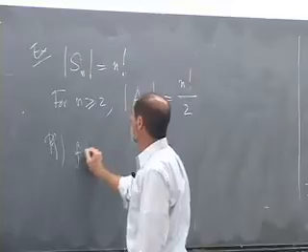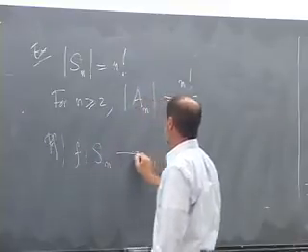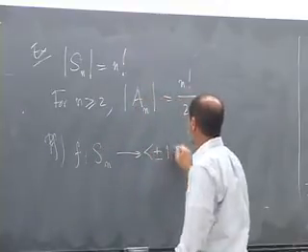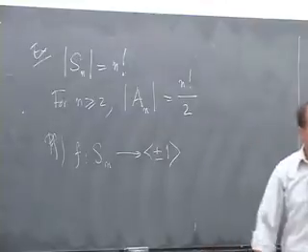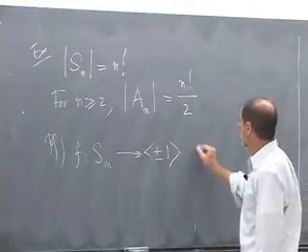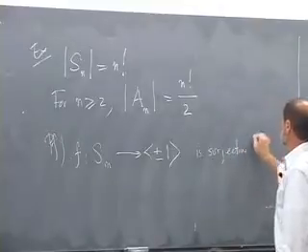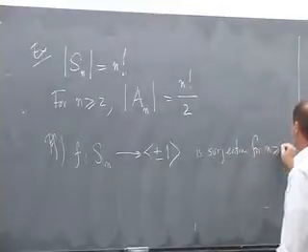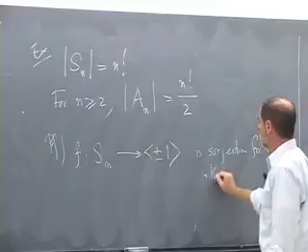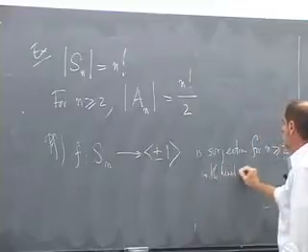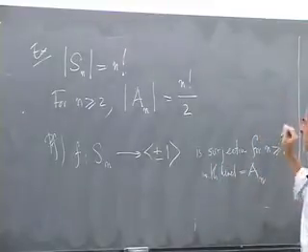We have a homomorphism from Sn to plus or minus 1, given by the sign of a permutation, which is surjective for n bigger than or equal to 2, with kernel, by definition, the alternating group on n letters.